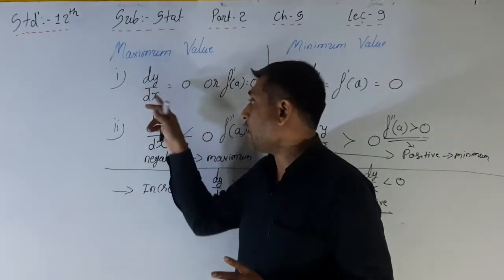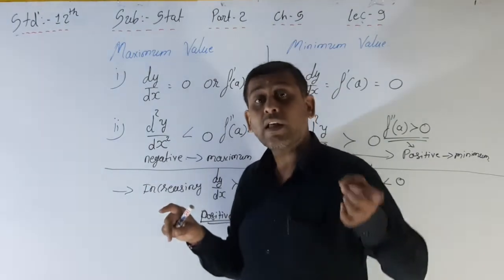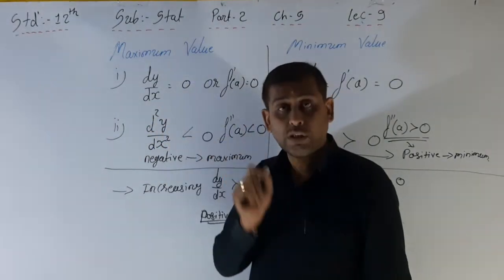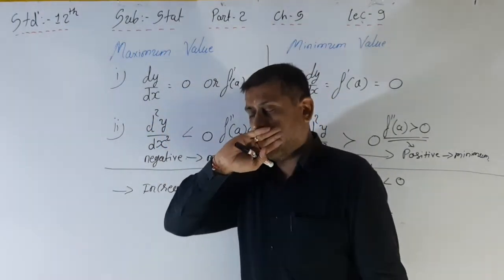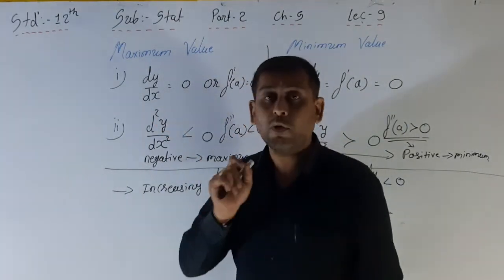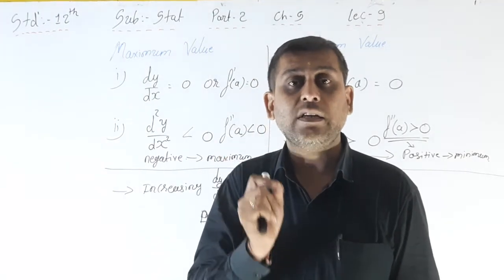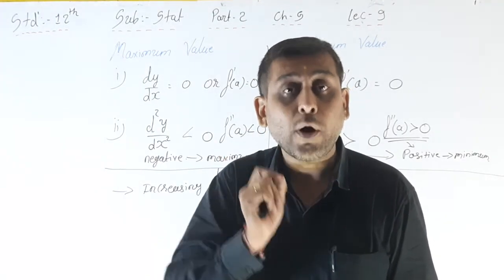So first of all, y is given, we have to find out dy by dx, then put dy by dx is equal to 0, and find out the value of x, and that value of x is called a stationary point.